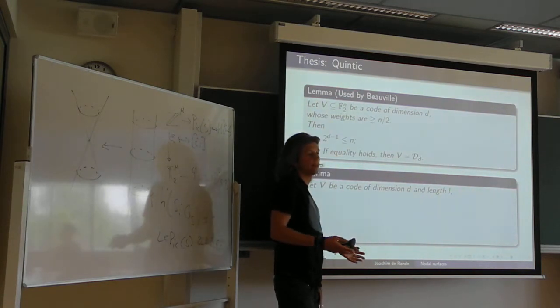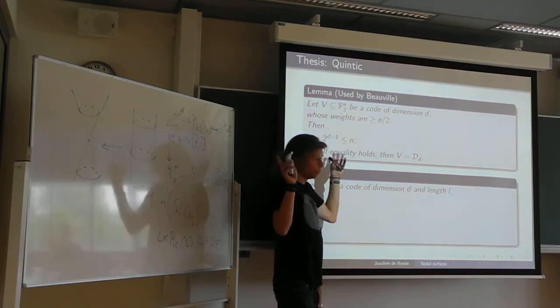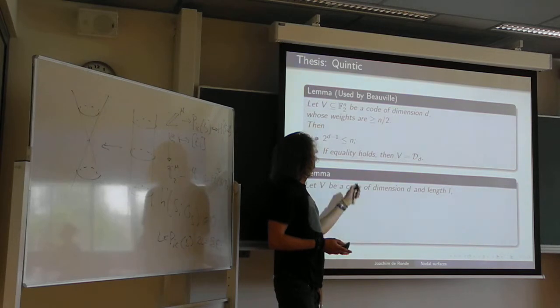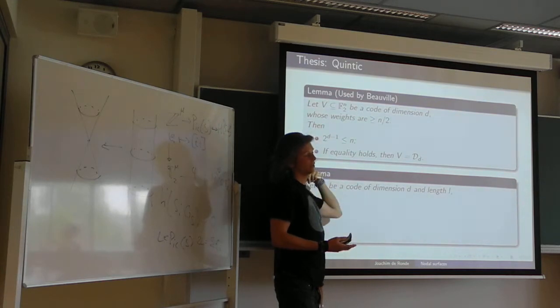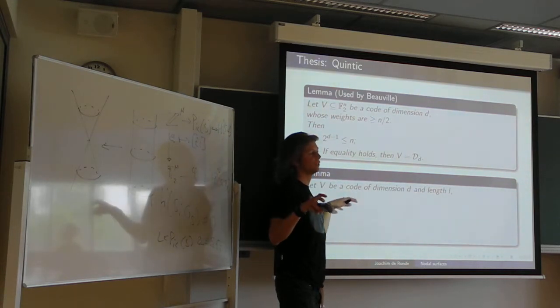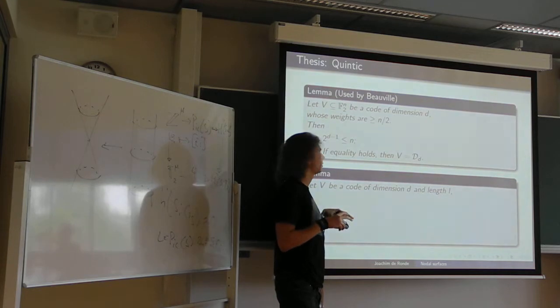We might as well delete it and end up with the same code. If you do this to all the useless coordinates, you obtain a minimal such n such that the code embeds in it. That's called the length of the code. So it's kind of the amount of coordinates it needs to be embedded in space.